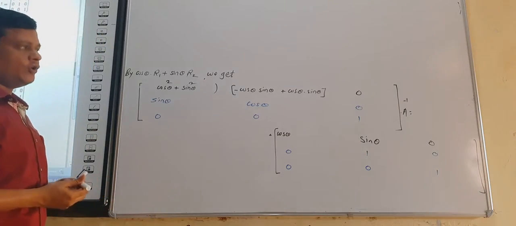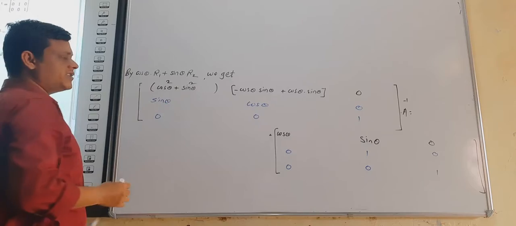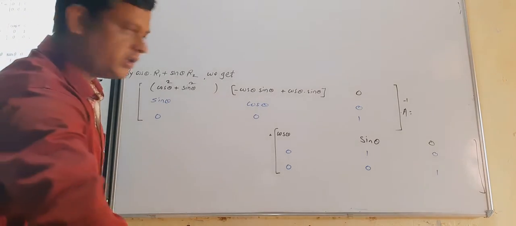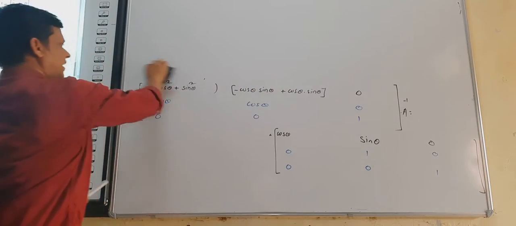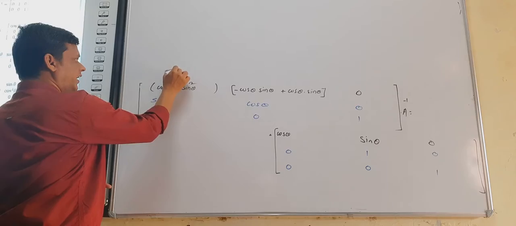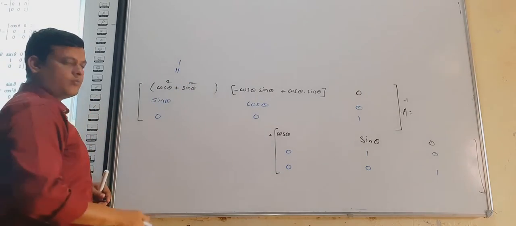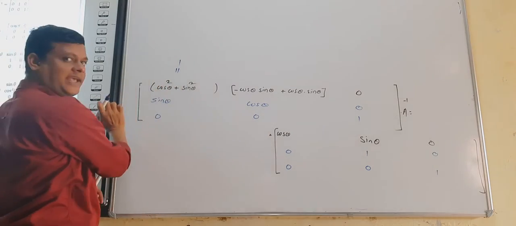Now we know the identities. Cos square theta plus sin square theta is 1. So in the next step, in place of this sin square plus cos square theta, we write directly 1. If you know the identity, you write cos square theta plus sin square theta as 1.